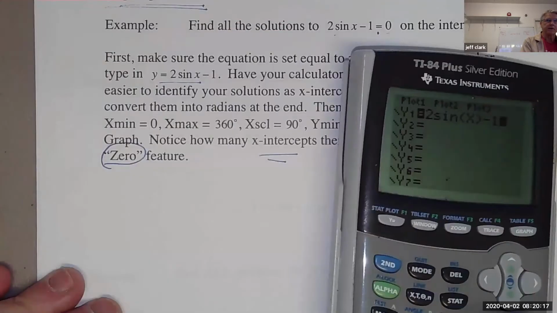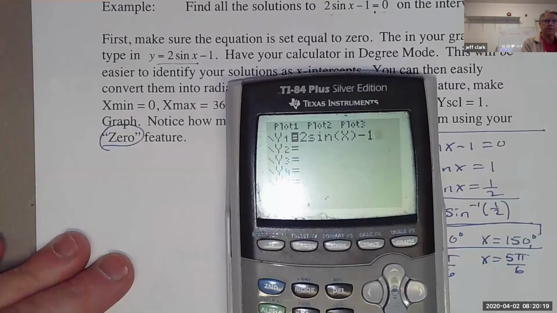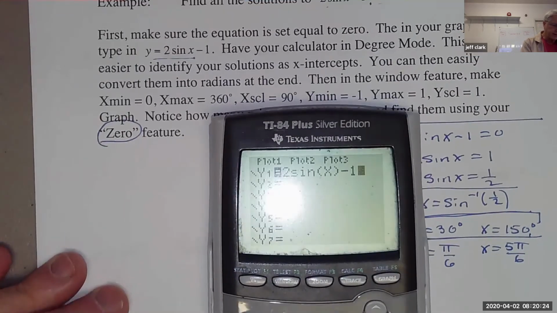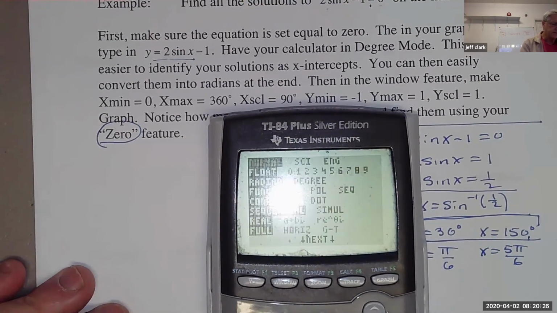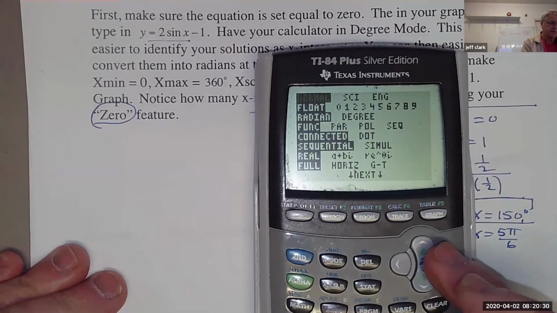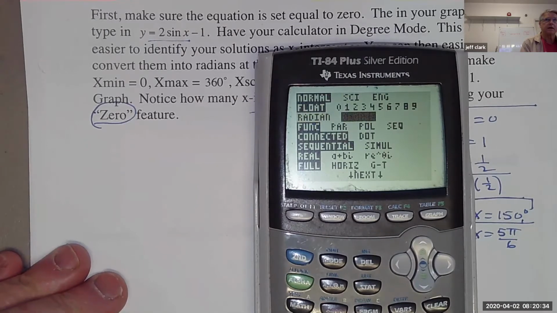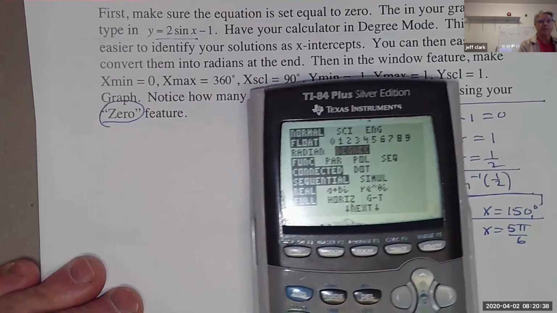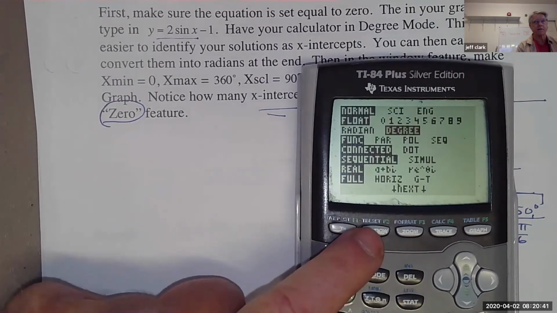So what I'm going to do now is check the degree mode. See, I'm in radian, so I'm going to go over to degree. And what do we want to do? Set the window. The window feature is a button right here.